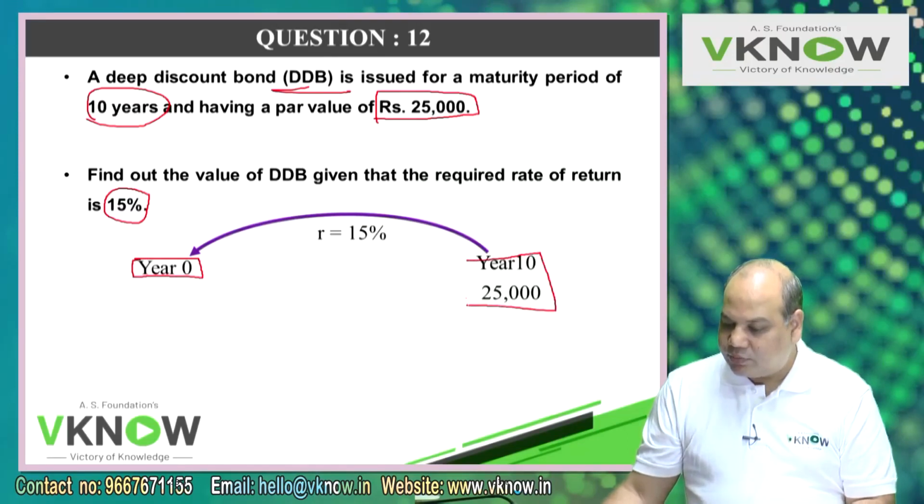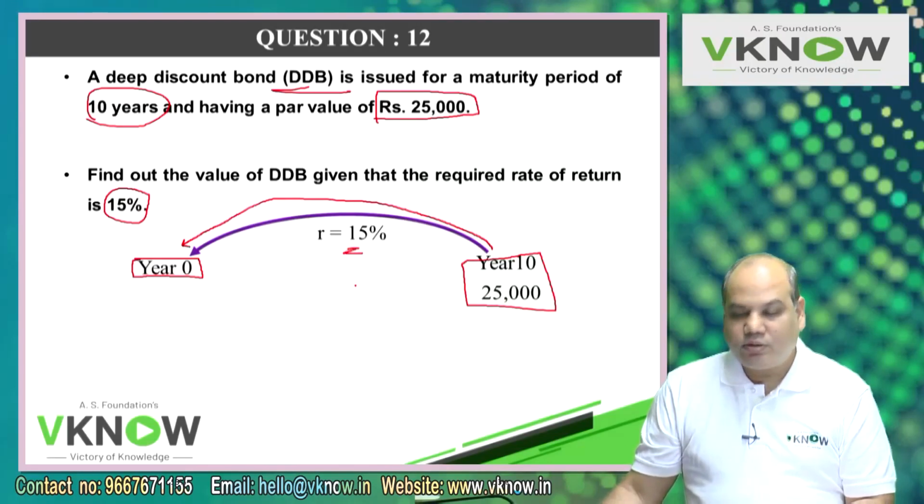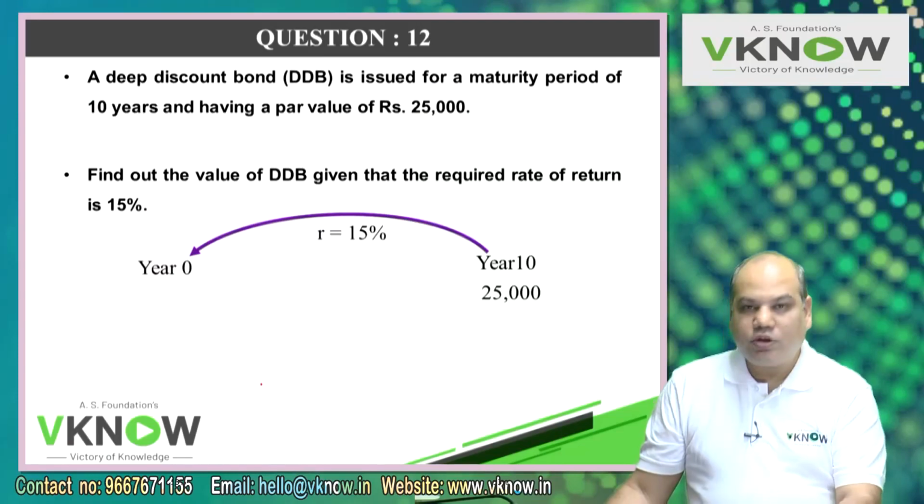After 10 years, you will get 25,000. So you find out the present value of this using 15% discount rate, right? So first draw this diagram.